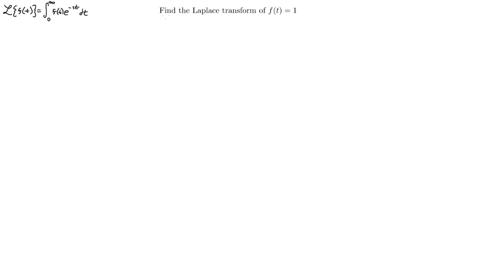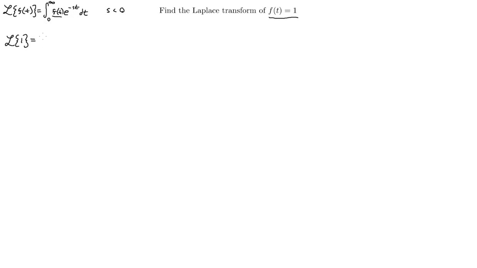Now the very first one that we're going to do is f of t equal to 1. So what we're going to do is find the Laplace transform of 1. Now here you'll notice that our function of t goes just before this exponential, the exponential of negative s times t, and we have the requirement that s is greater than 0.